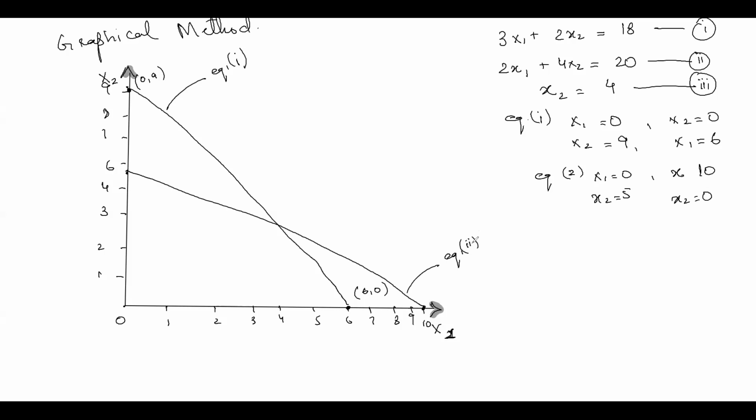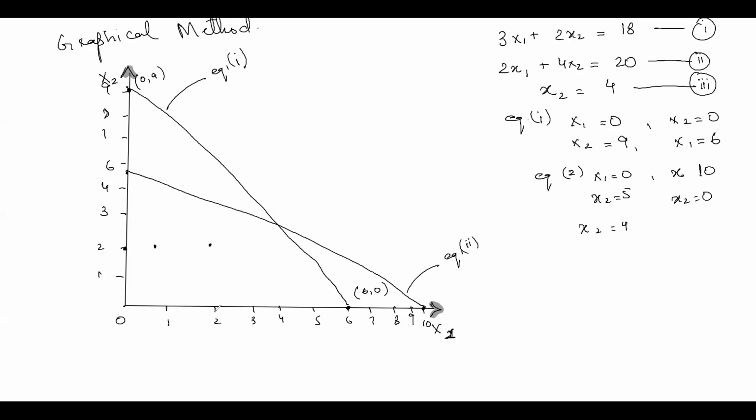Moving forward, there's a third equation, which is x2 equals 4. Whatever we do with x1, x2 remains the same. So if x1 is 0, x2 is this point. If x1 becomes 1, x2 still stays the same.